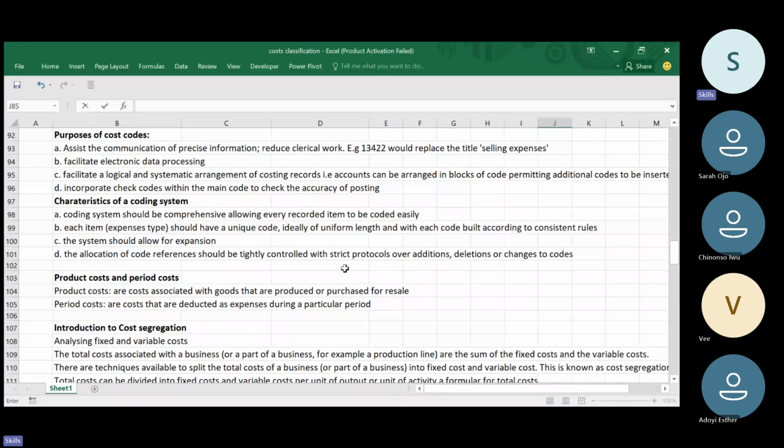You have to secure it to make sure that every addition or deletion or changes follows due procedures. Because if anyone can add or delete, then the information will be distorted.